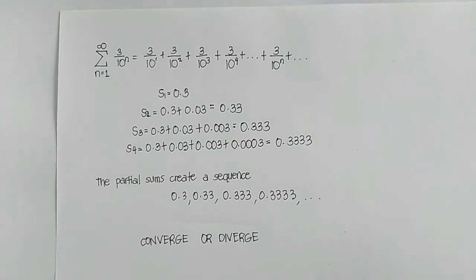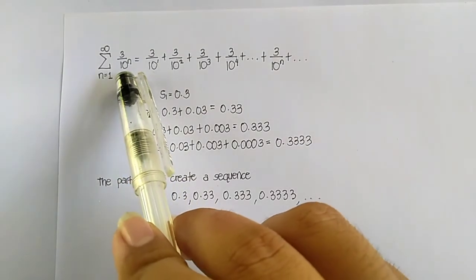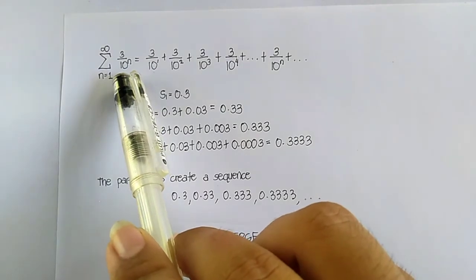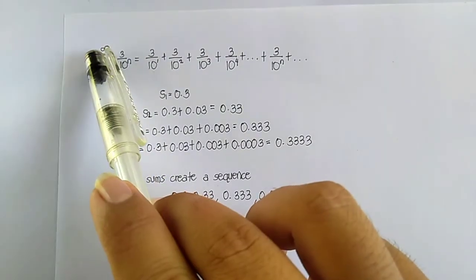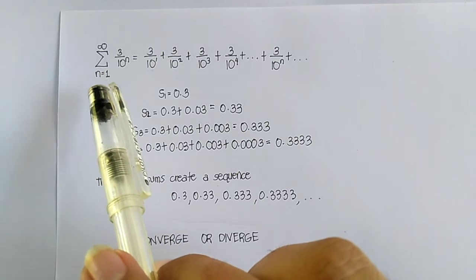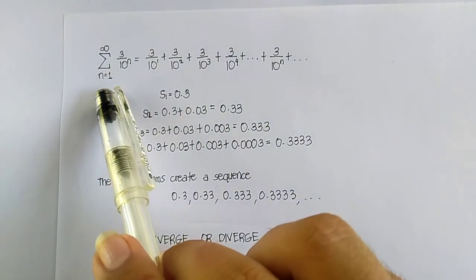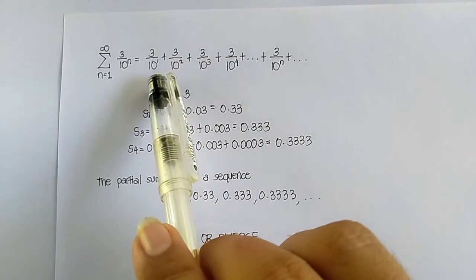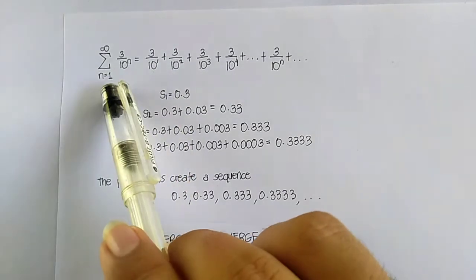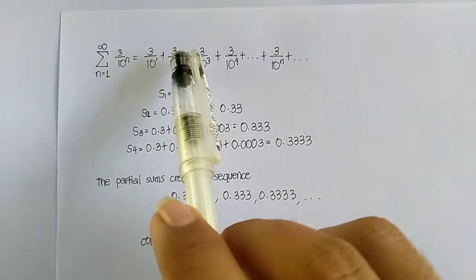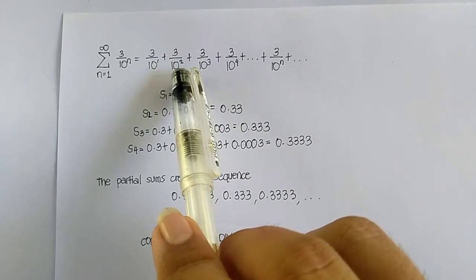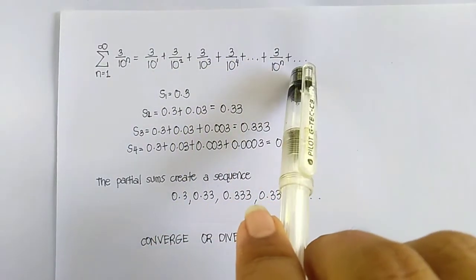But this time, let's first take a look at another infinite series. Here we have the infinite series of 3 over 10 to the nth power from 1 to infinity. When n equals 1, we would have 3 over 10 to the first power, and when n equals 2, we would have 3 over 10 to the second power, and so on and so forth.